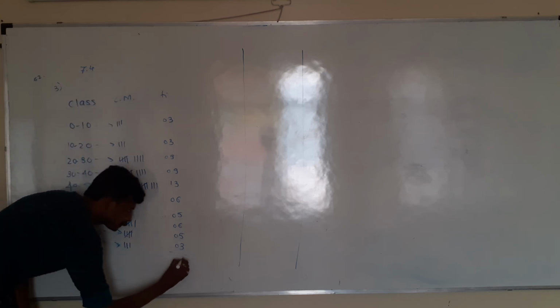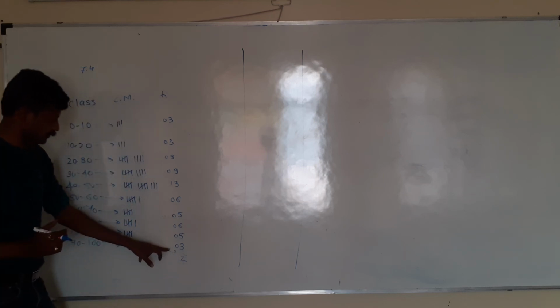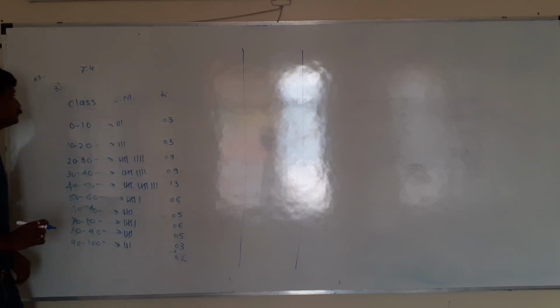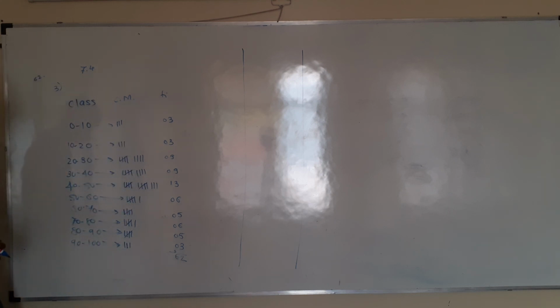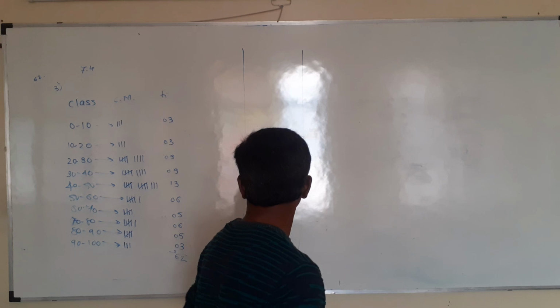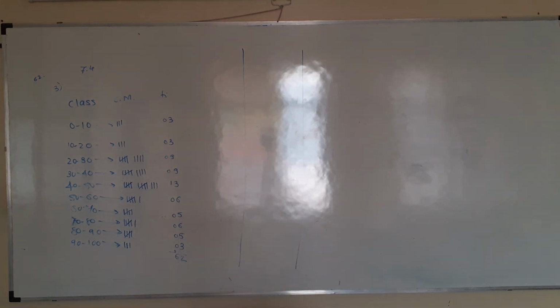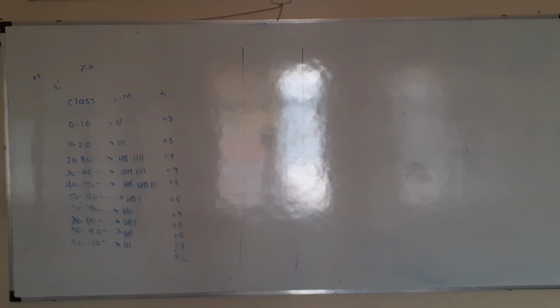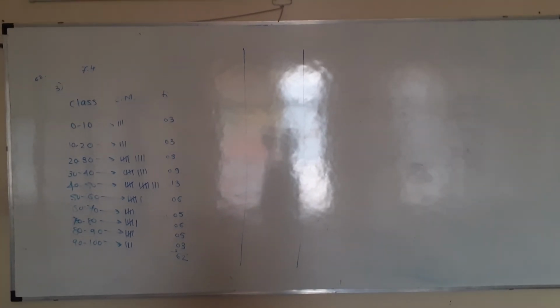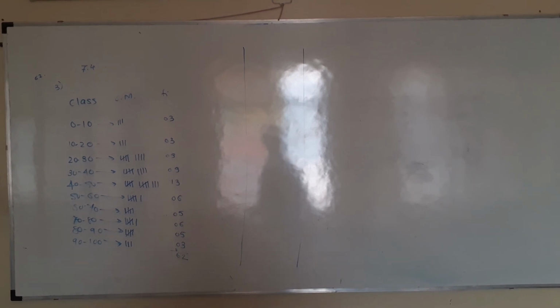So 2 carry 5. 5 plus 1 6. So total is 62. So for the classes 0 to 10, 10 to 20, 20 to 30 and as per the tally marks, the frequency will be as per shown in this frequency distribution table.